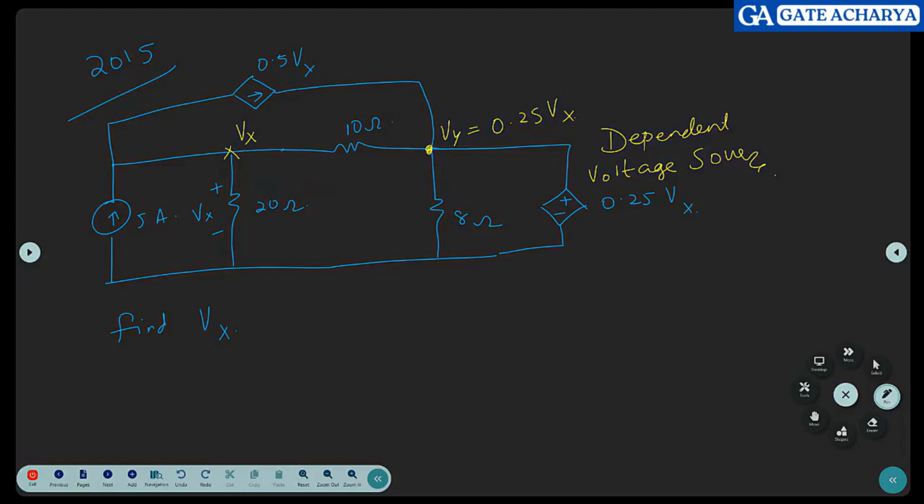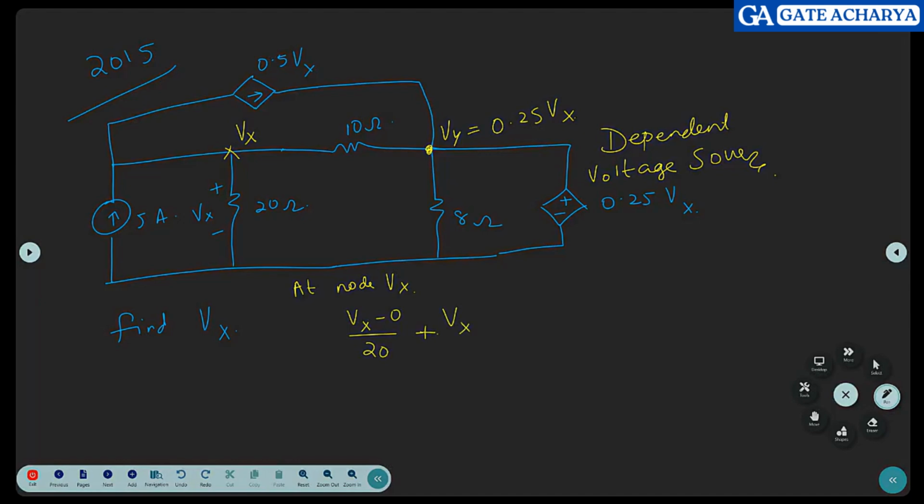At Vx, how many branches are there? Four. Four branches are there. Tell me what is the current through each and every branch? I'm going to write KCL for Vx branch. At node Vx. How will you write? For this branch, how will you write? Vx minus 0 divided by 20. How about this branch?